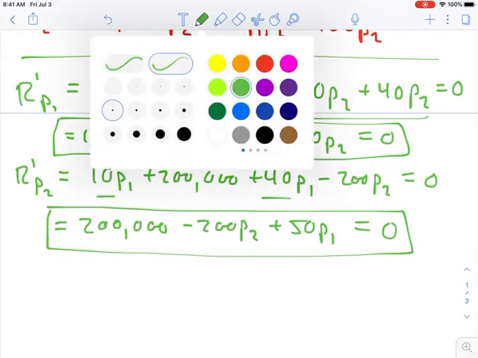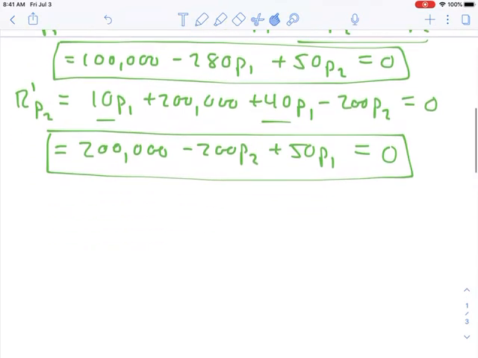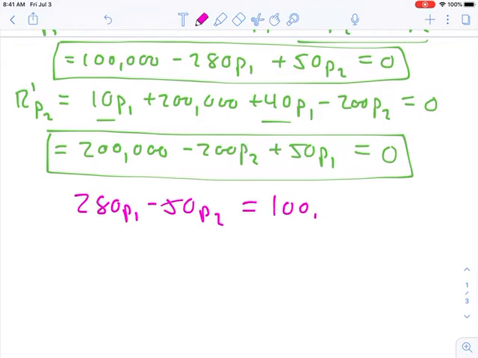So the next step in the process is always to solve for P1 and P2. So I'm going to create a system of equations, and I'm going to make that equation look like 280 P1 minus 50 P2 equals 100,000.